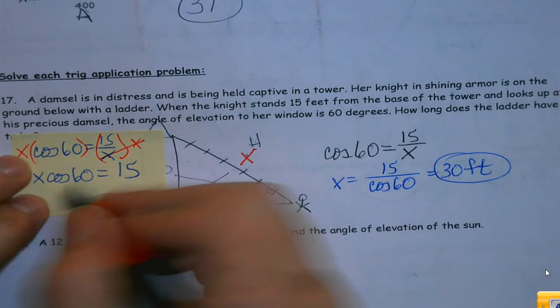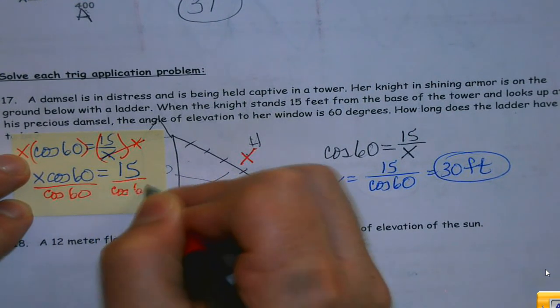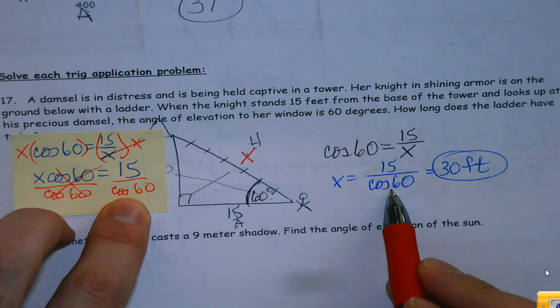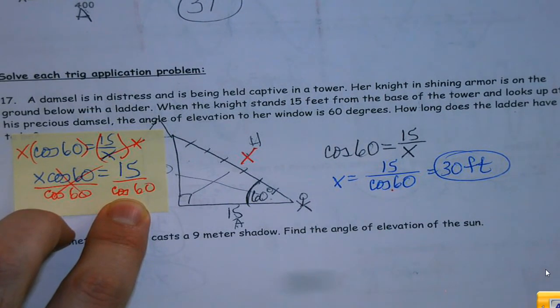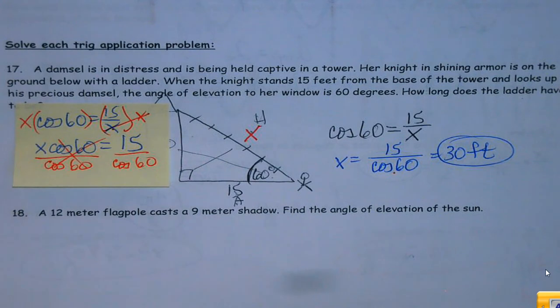To get x by itself, I've got to divide by the cosine of 60. And that's where this is coming from. Okay? So either way gets me there. I just got to work at it a bit. But setting up my sides, reading carefully, and then just thinking through the algebra, always a good thing.